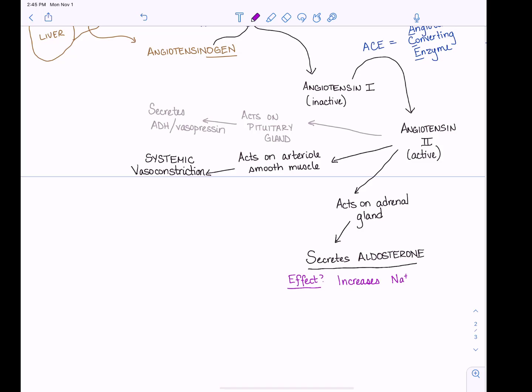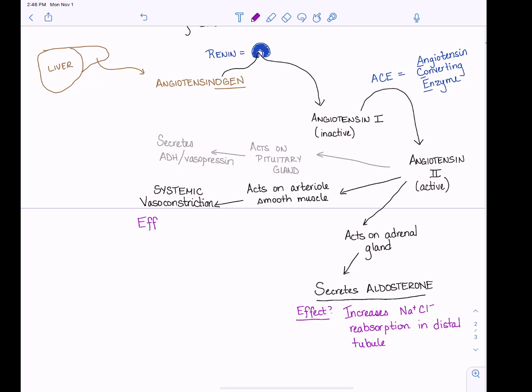So increasing the aldosterone levels also increases the sodium and chloride reabsorption in the distal tubule. As we will learn in a subsequent lecture, that helps us increase our blood pressure. Systemic vasoconstriction also increases the blood pressure by making the blood vessels smaller.